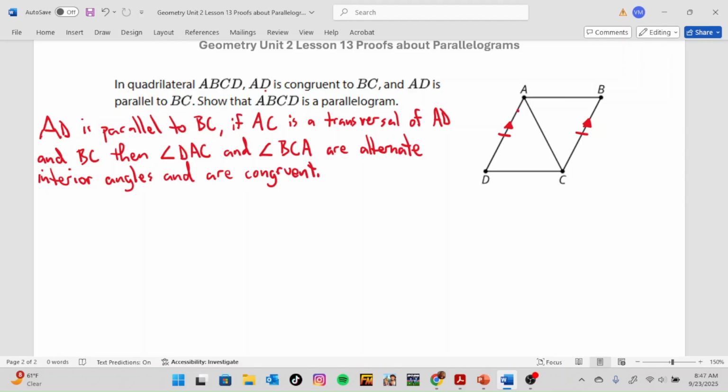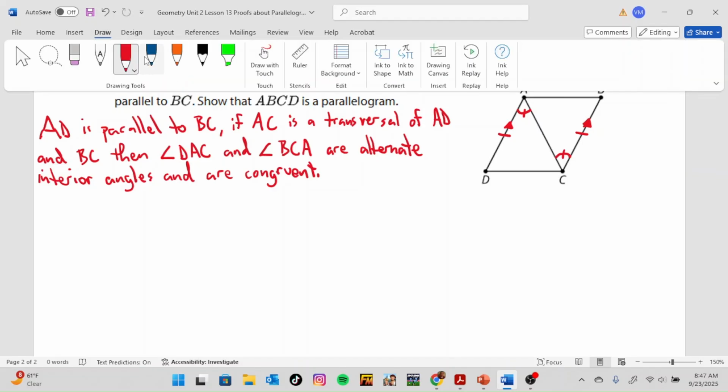So I can say that this angle here is congruent to this angle here because they are alternate interior angles of two parallel lines.